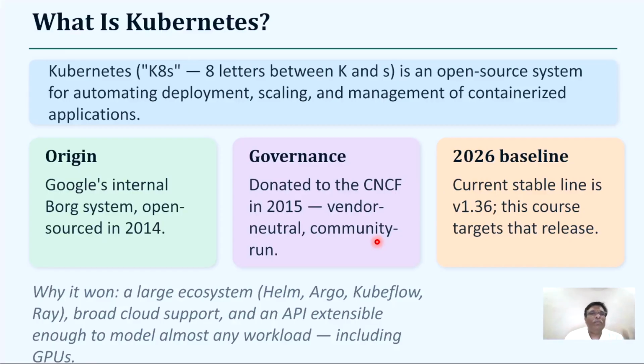That's why that name. It's a standard way of naming certain specific software. It's an open source system for automating deployment, scaling, and management of containerized applications. Containerized application basically means we'll be working with Docker.